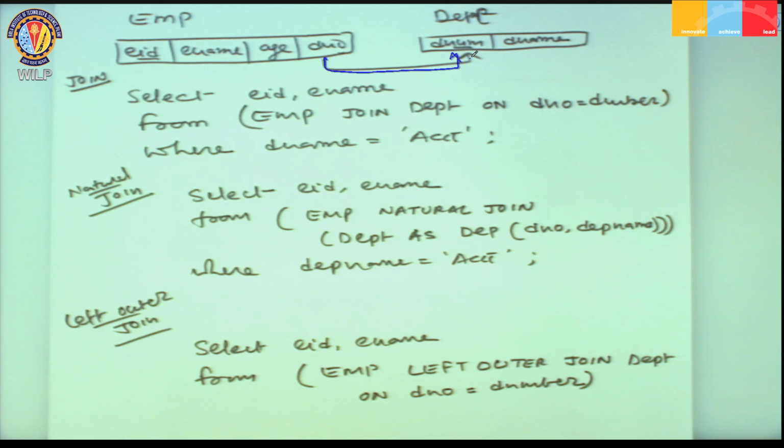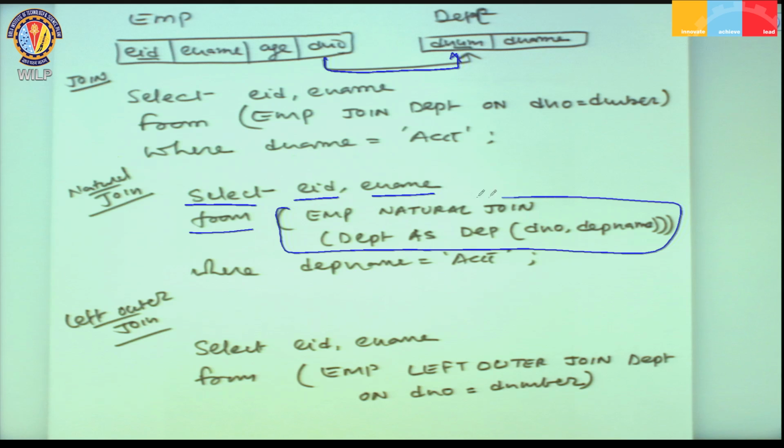One way of making it possible is to rename the department table attributes and make sure that the DNO in the employee table is the same as DNUM, that is, the modified name of DNUM in the modified table. So if you carefully observe: select EID, ename from, this is the joining operation. In this join I am performing a natural join: from EMP natural join. This is the keyword I need to use to specify the natural join operation.